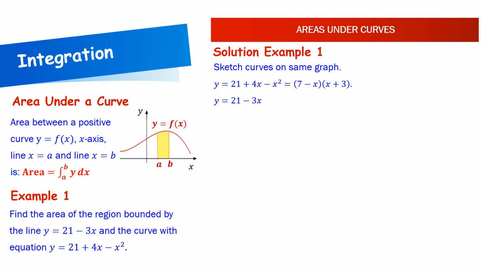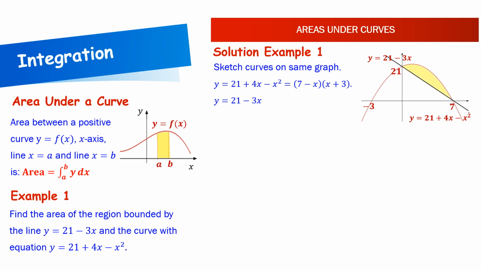We begin by sketching the curves on the same graph. Notice that we've factorized the equation of the curve and we've plotted it here. And here's the line 21 minus 3x equals y.